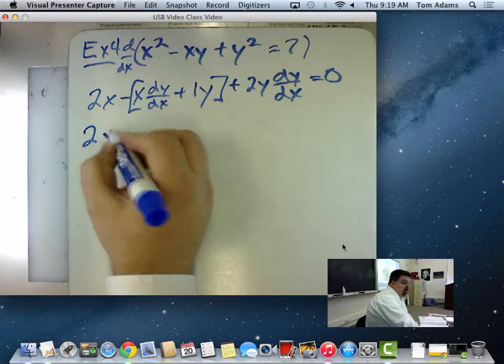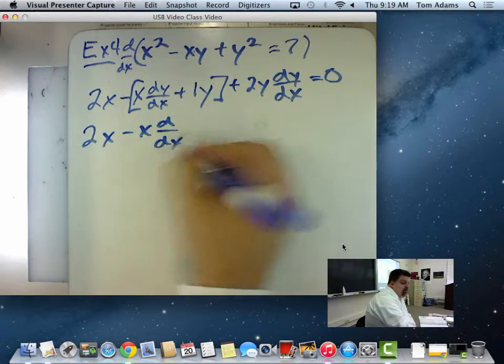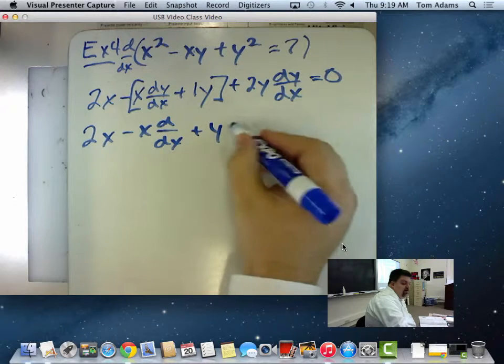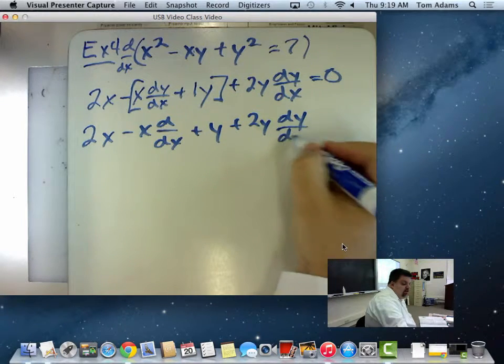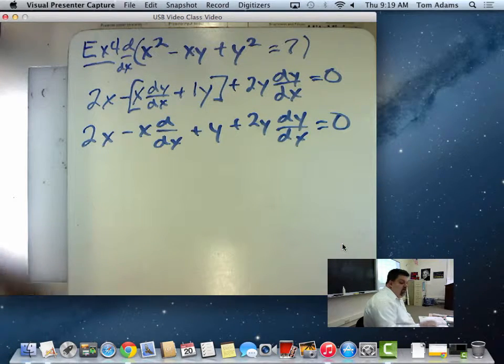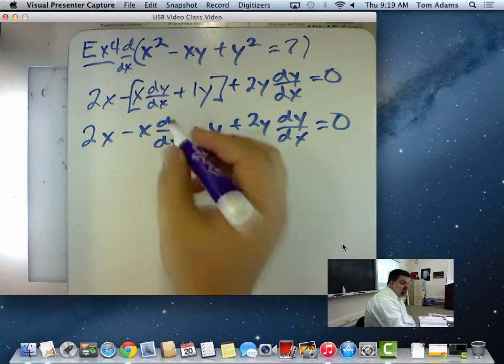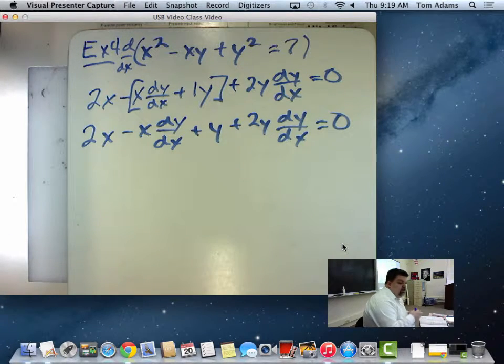So I've got 2x minus x dy dx plus y plus 2y dy dx equals 0. So now any term that doesn't have a dy dx in it has to move over to the other side of the equal sign.